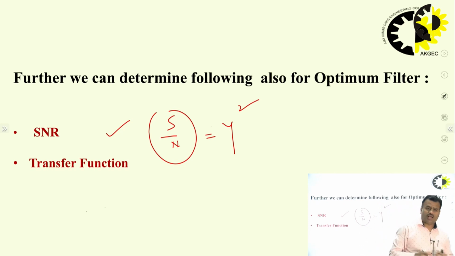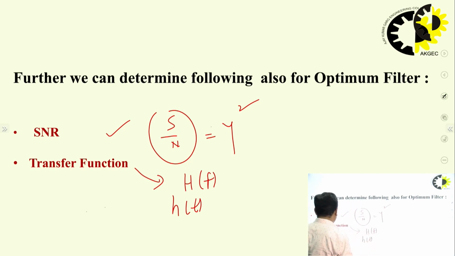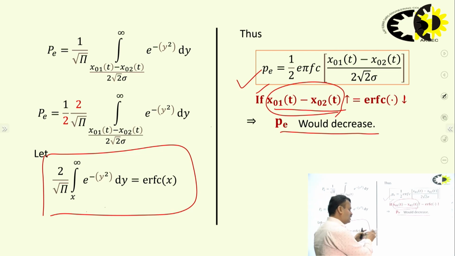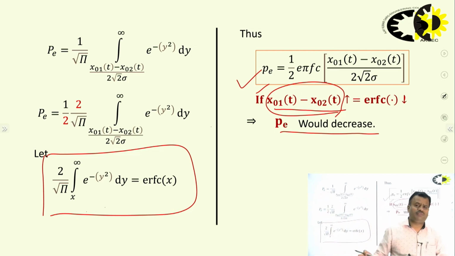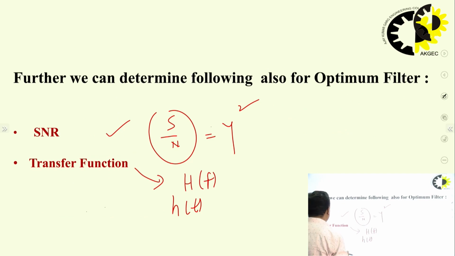So you can derive the expression for gamma square, and also its expression for the transfer function H(f) or the impulse response h(t). On the basis of these expressions, the base is the same; you put the values there and you can get the formulas for SNR, transfer function and impulse response.